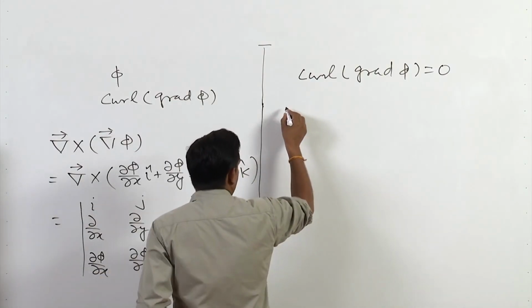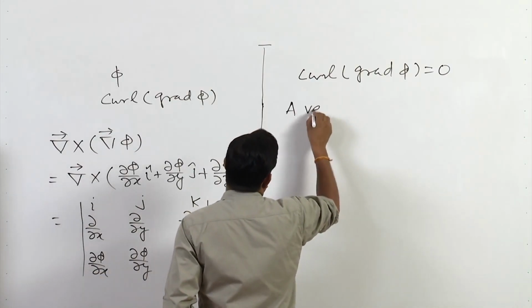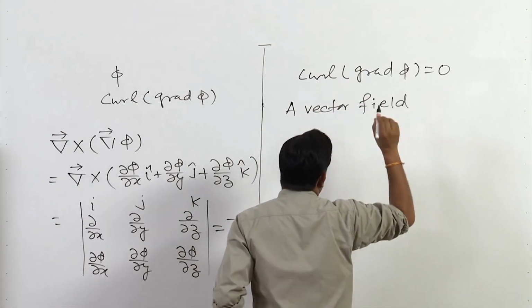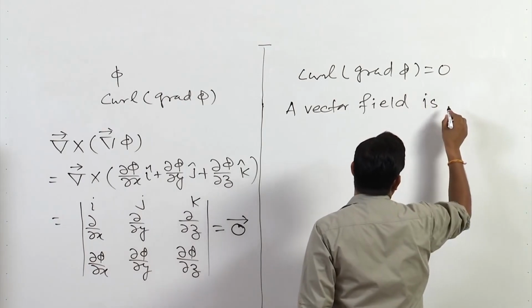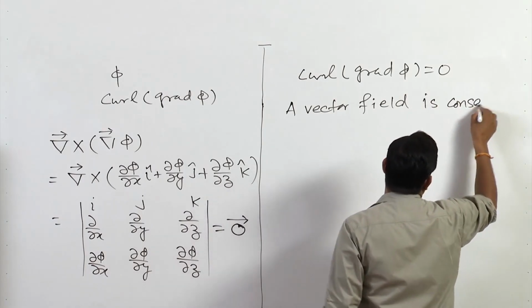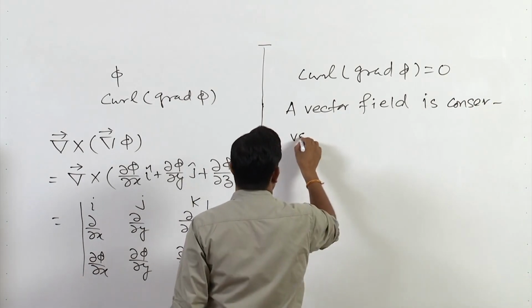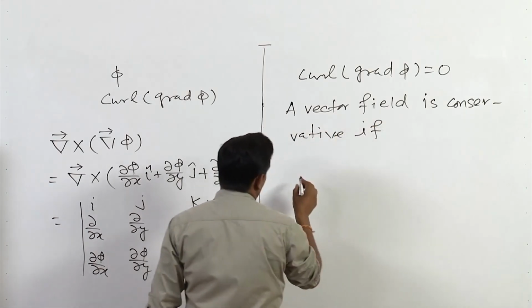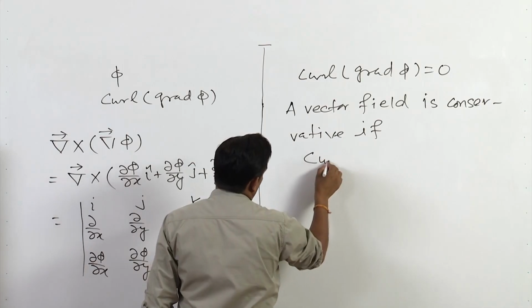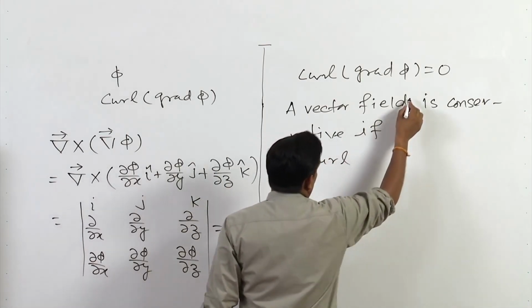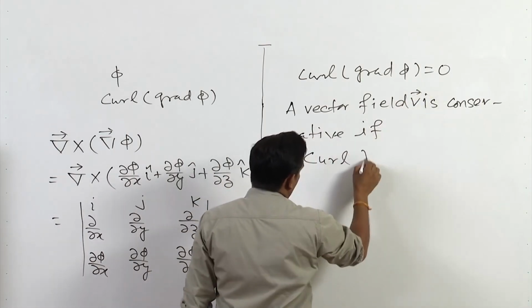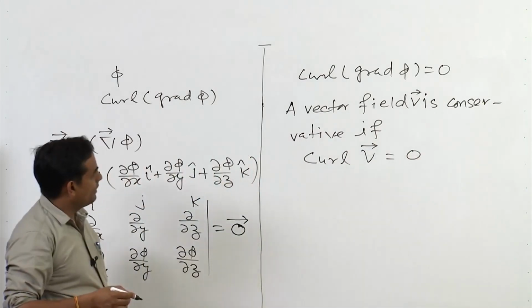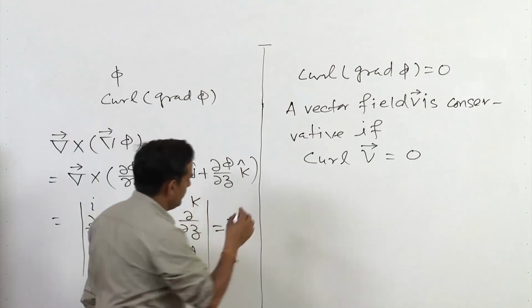So a vector field V is conservative if curl of V equals 0. Why am I writing this?